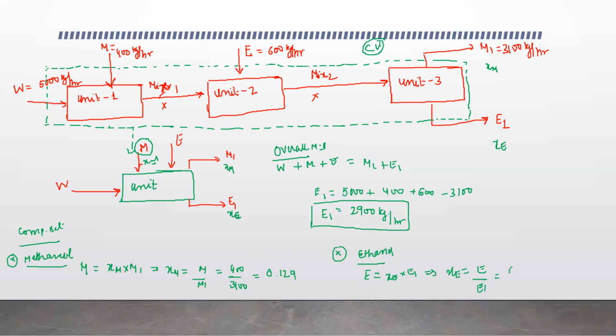E is given to be 600 and E1 we calculated as 2,900. So it's 600 upon 2,900, that is 0.207.